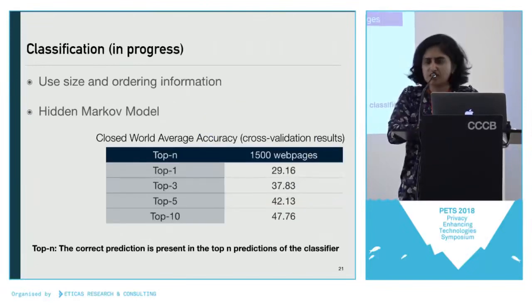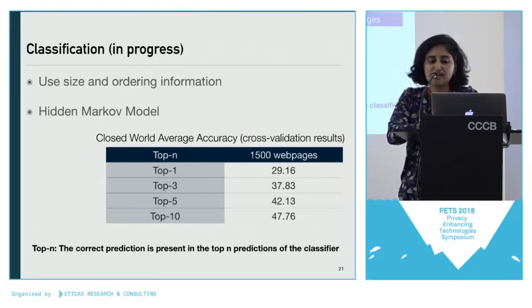We have also started trying to classify the web pages based on size and ordering information. Right now, we looked at a hidden Markov model where we tried to classify sequences of sizes for a particular web page. We created models for each web page, and then we have a test size sequence, and we try to see what is the probability that that sequence belongs to a particular web page's model.